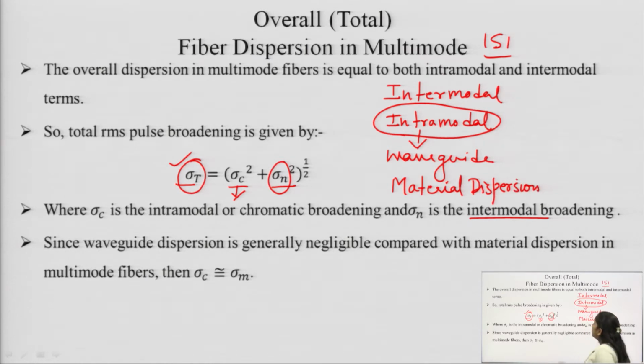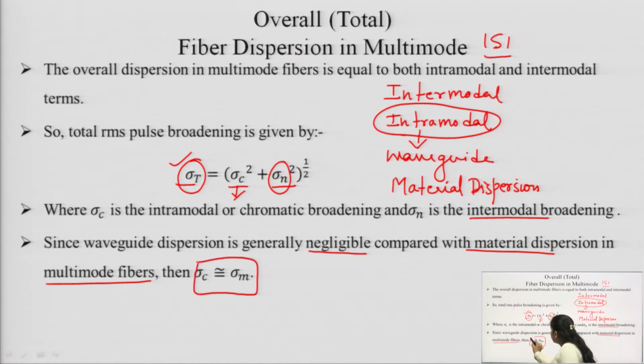So, sigma c, that is our intramodal dispersion, should include both waveguide dispersion and material dispersion. But since the waveguide dispersion is generally negligible compared with the material dispersion in multimode fiber, sigma c can be written as equivalent to sigma m.